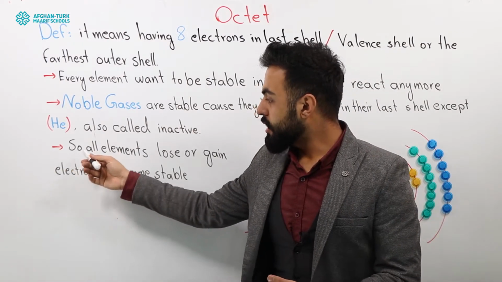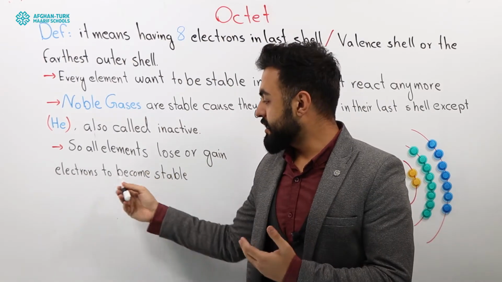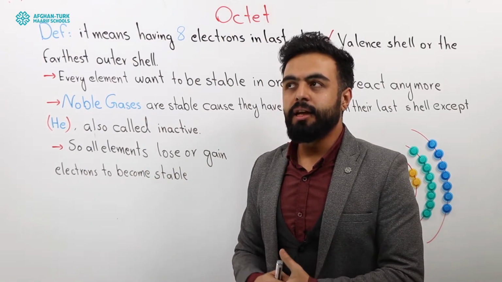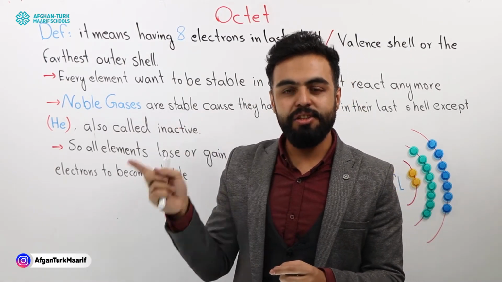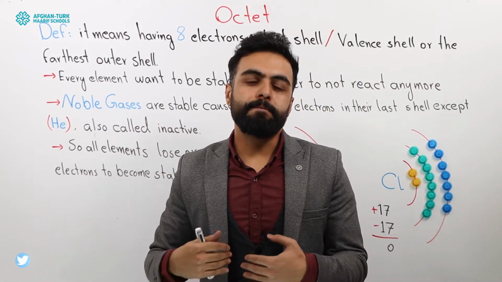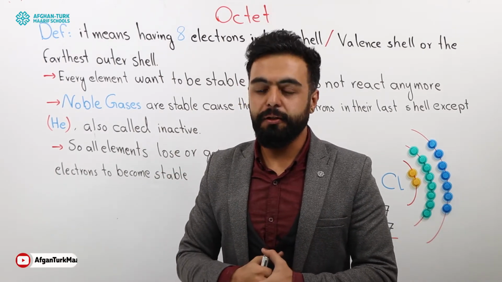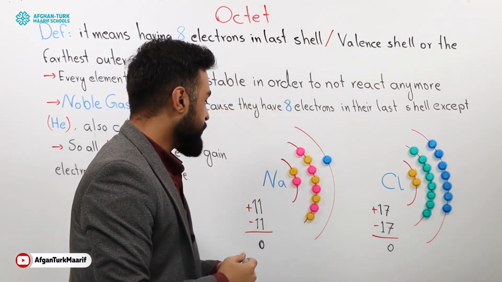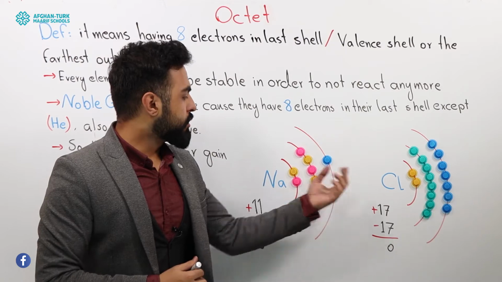So all other elements lose or gain electrons to become stable. They lose or gain electrons to make their last shell have 8 electrons. So here we have an example, before reaction, sodium and chlorine.